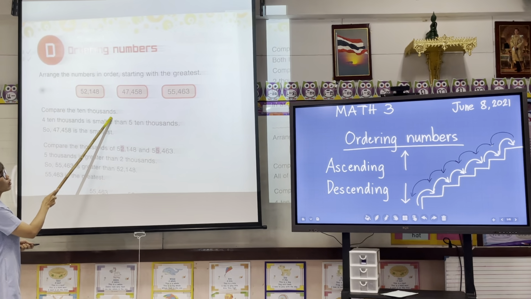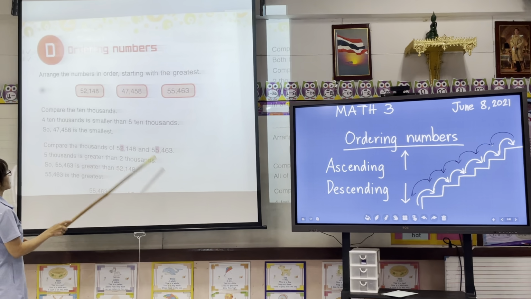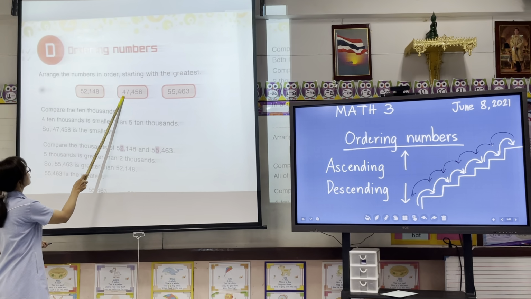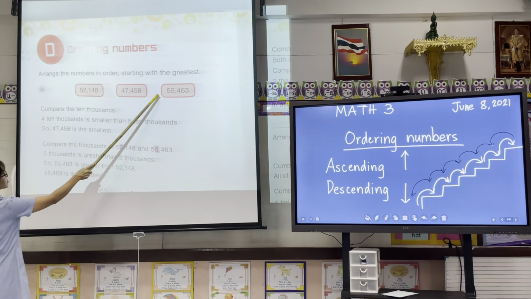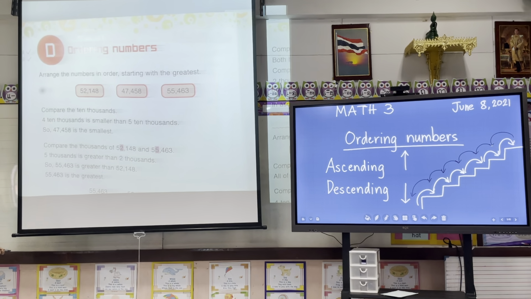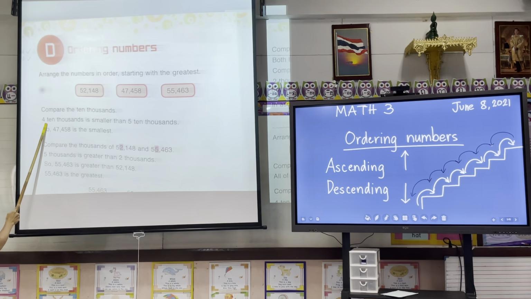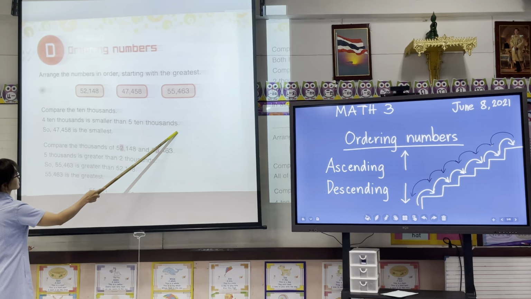We always compare the largest place value, which is the 10,000s. That's 5 10,000s, 4 10,000s, 5 10,000s. So two of these numbers have the same 10,000s place. 4 10,000s is smaller than 5 10,000s, of course.